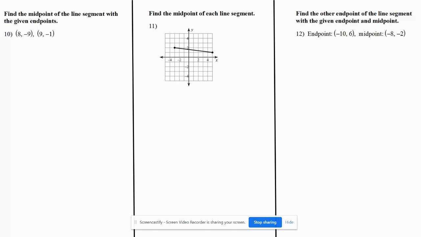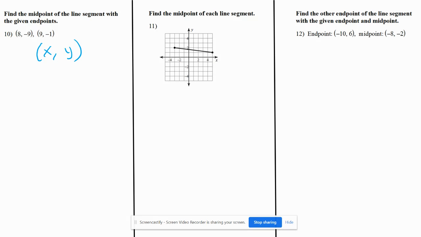Now, another thing you guys will practice, because you will have it on the test, is midpoint. Find the midpoint of the line segment with the given endpoints. Now, the coordinates of a point have an x and a y value.